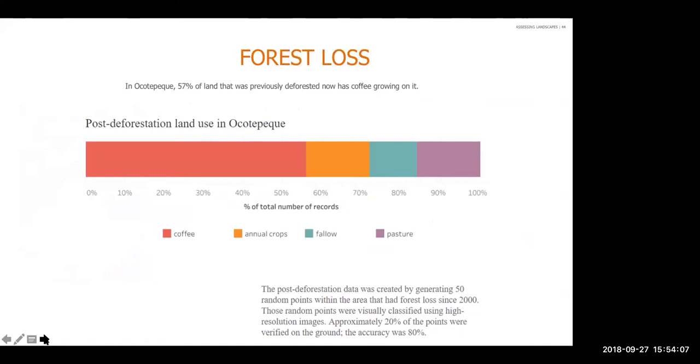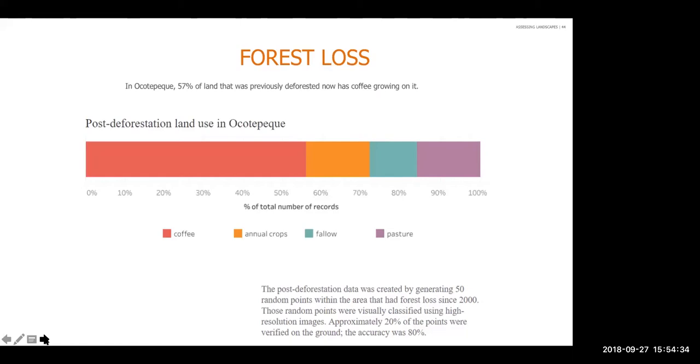And the way that we do this is we take those red dots that you saw in the previous map and we sample those to see what did they become. And so based on the random sampling of the points, we found, and then we use finer scale remote sensing imagery to figure out what did it become, and then we verify on the ground 20% of those points.